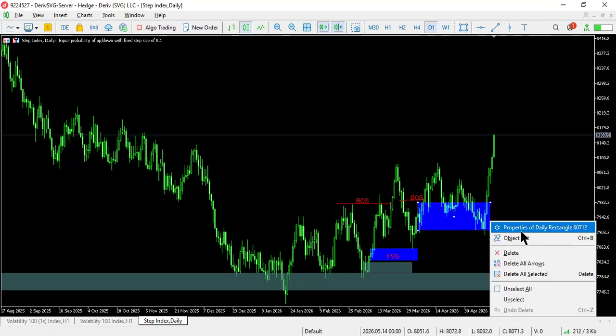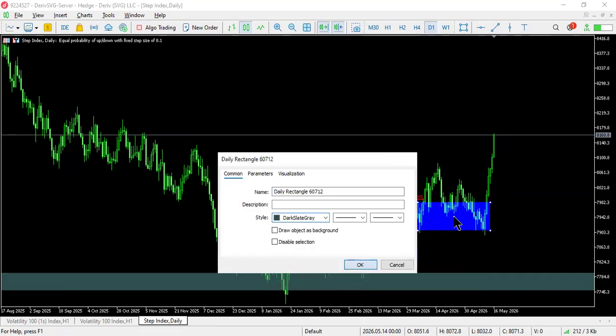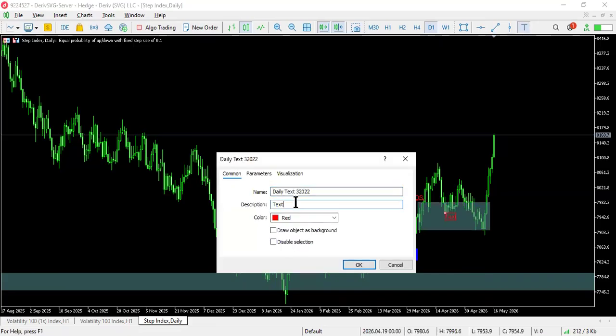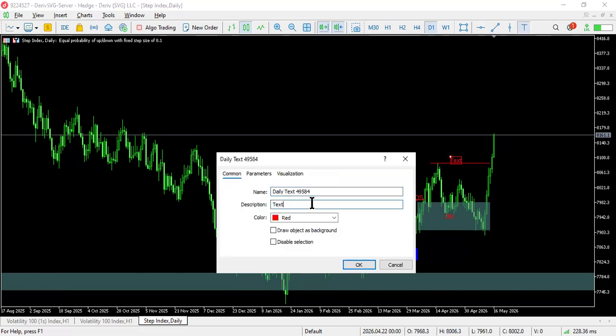Price stepped into that order block, and then it's pretty much pushing from that order block. And then right now, price just broke this resistance level here. So we have a new break of structure.